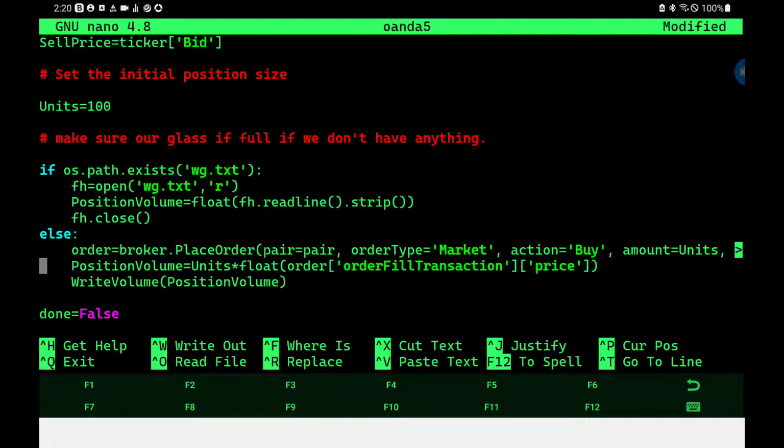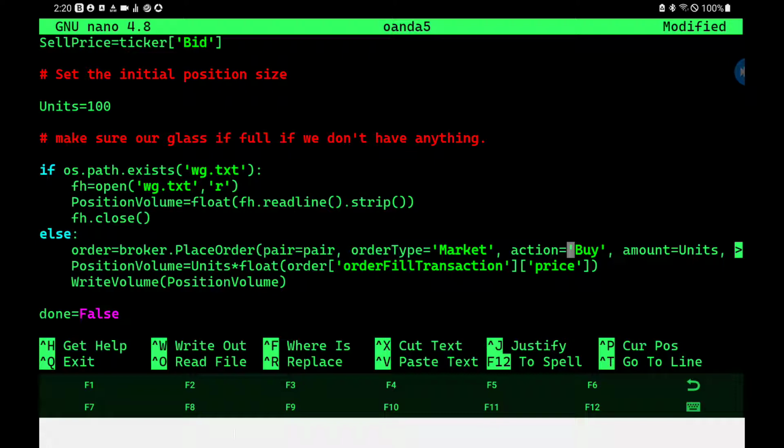If it doesn't exist, then we find out if there is anything on the broker already, and we purchase. So if there is something on the broker, it adds to it.